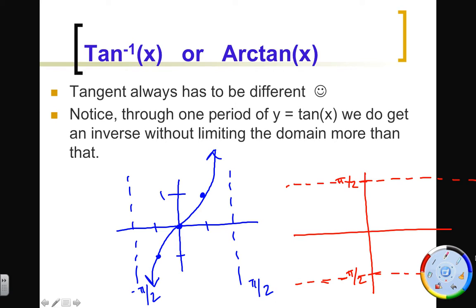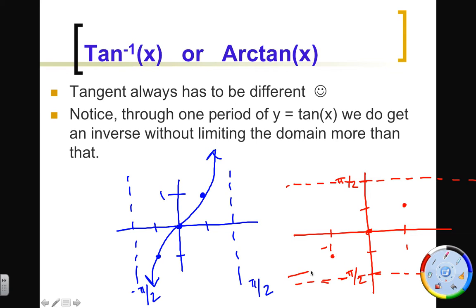And that one there as well. And then you can think about this 1 and this negative 1. And if we were to just swap some points here, positive pi halves, positive 1. 0, 0. Negative pi halves was negative 1, so we go this way.